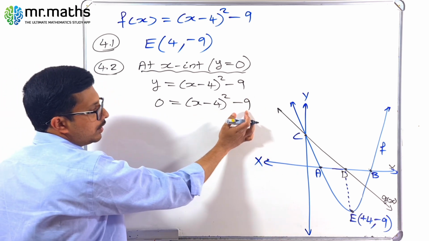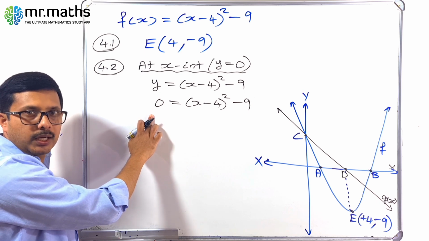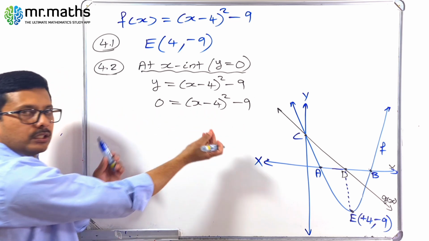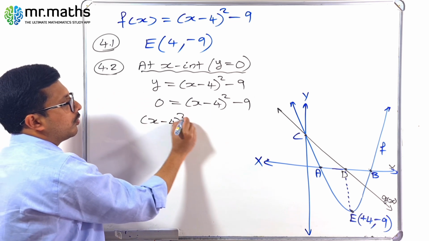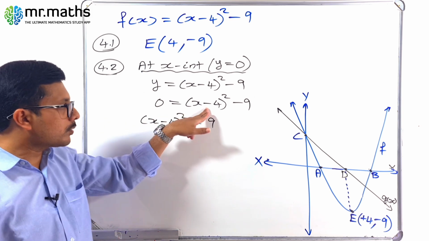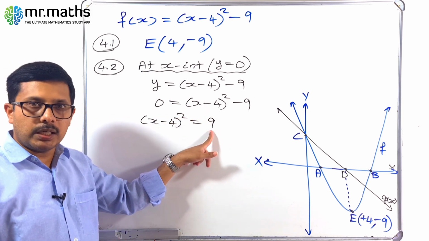If you take this minus 9 to this side, it is going to be positive 9. So let me write it in reverse order: x minus 4 the whole square is equal to 9.